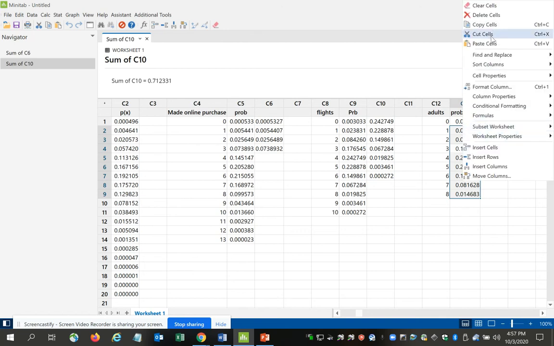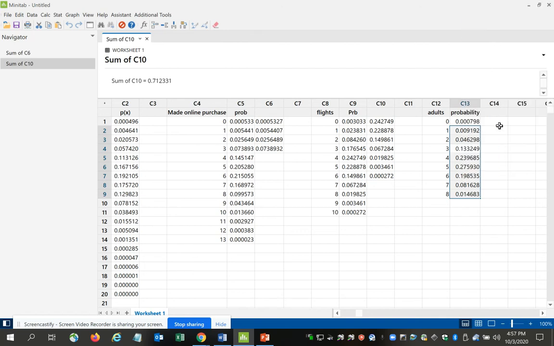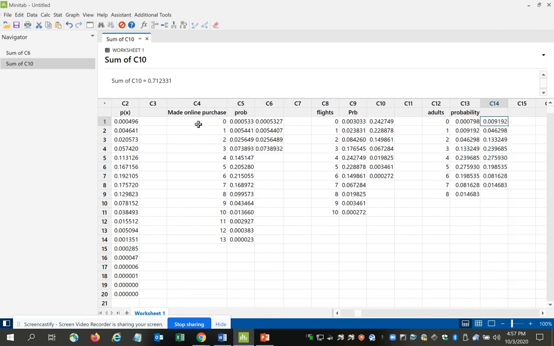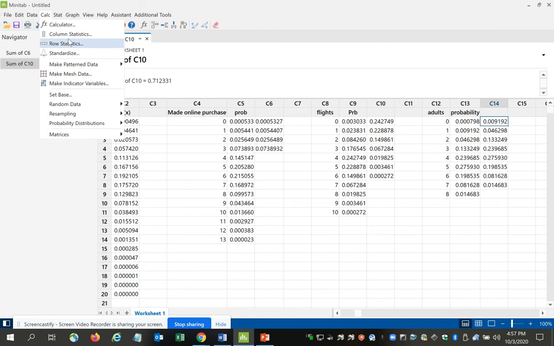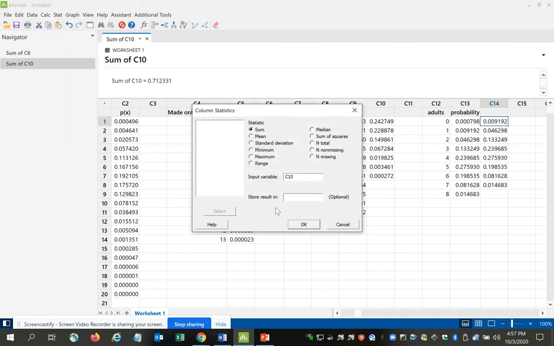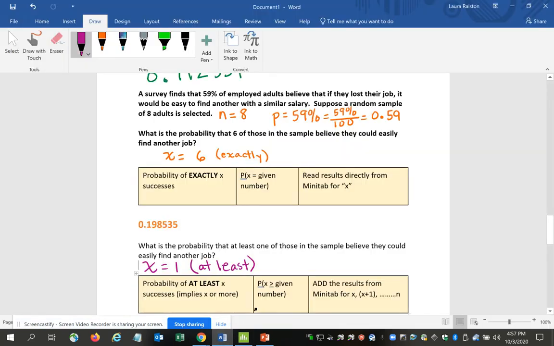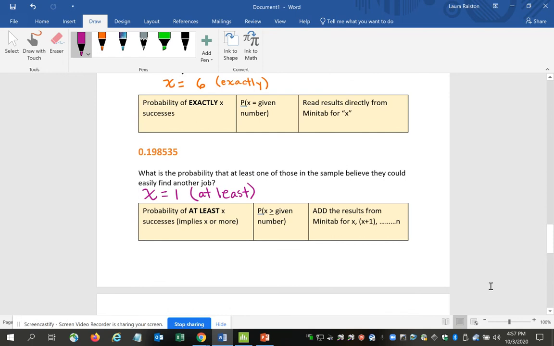Right click, copy, paste them in column 14, and then calculate your column statistics. I'm doing column 14, and it gives me 0.999202.